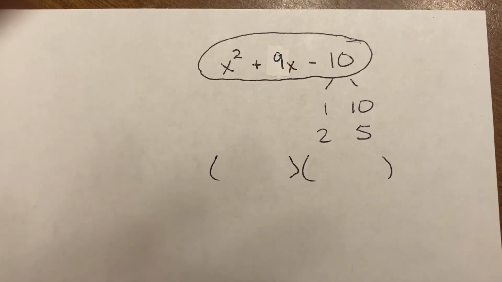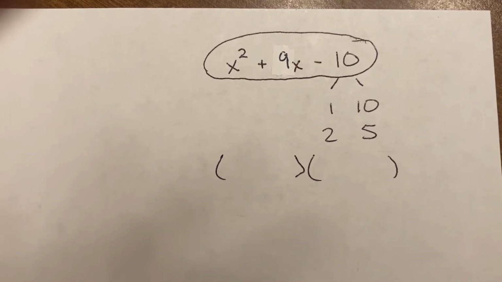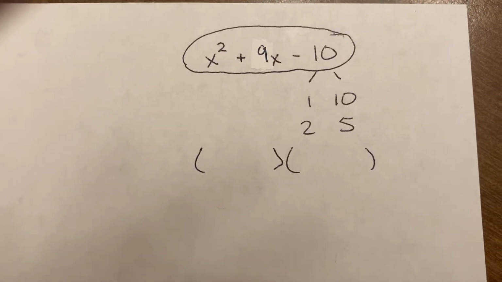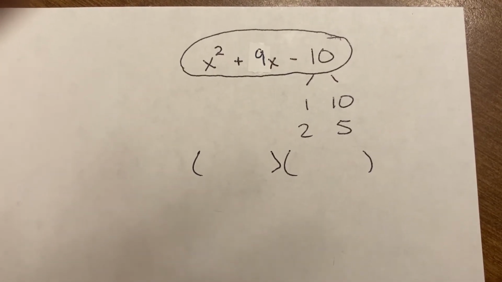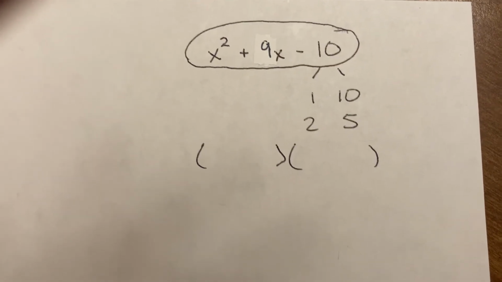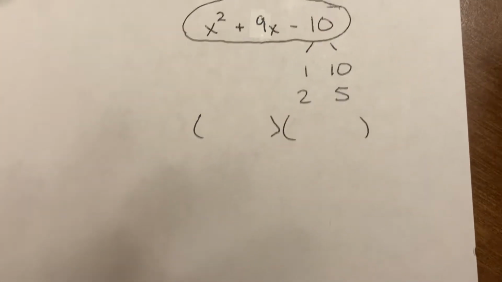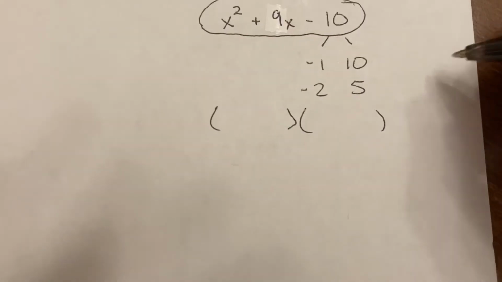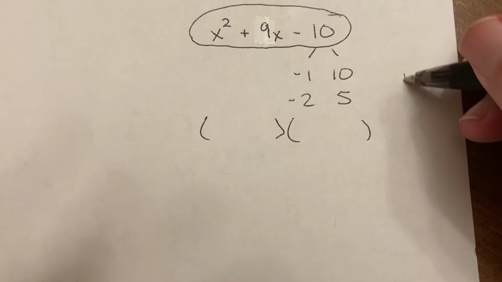Now I did just go ahead and write just the factors of 10. This is a shortcut that can be used. Obviously to get negative 10, one of them is going to have to be negative, only one of them. Now I could write all of these, and I'm going to go ahead and just do that real quick for the sake of it. I'm going to make this one negative, and I'm going to do it again.